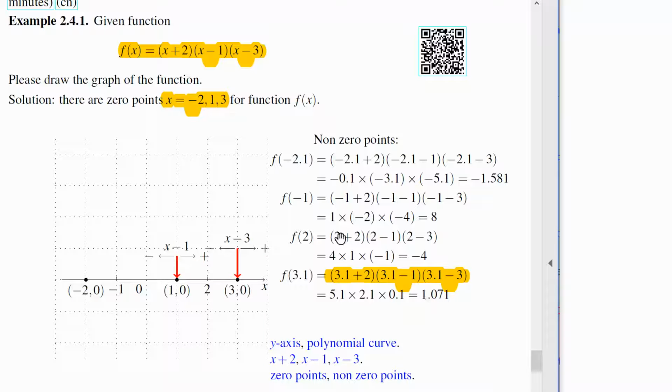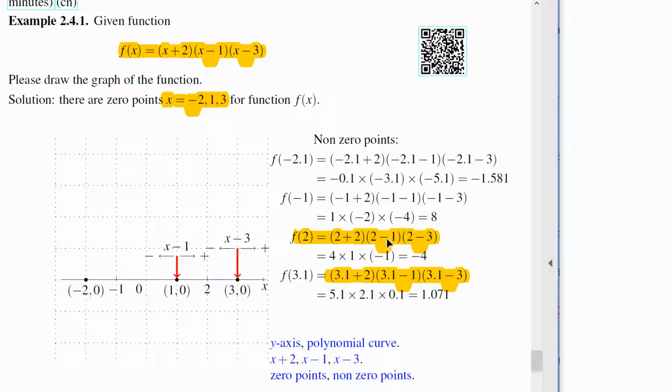You'll have this point, (3.1, 1.071), on the graph. Similarly, you can choose 2, which is between these two 0 points. Because 2 is less than 3, you get the third factor negative.